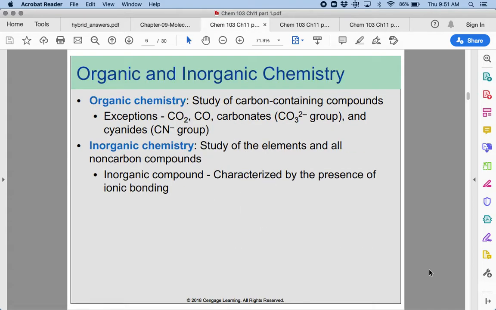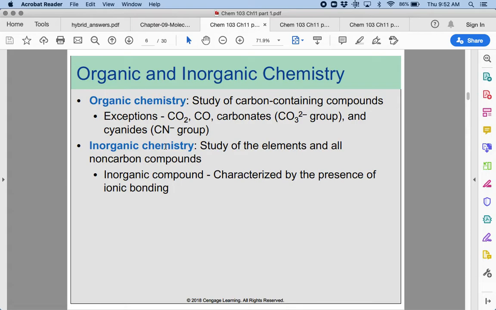So, as we said, organic chemistry is going to be the study of carbon-containing compounds. We have a few exceptions that we don't treat like organic chemistry, and we've seen a couple of them already. Carbon monoxide, carbon dioxide, the carbonates, which are part of our polyatomic ions, and cyanides. And this is partially because these carbon-containing compounds, if you see, they all have N's and O's with them.